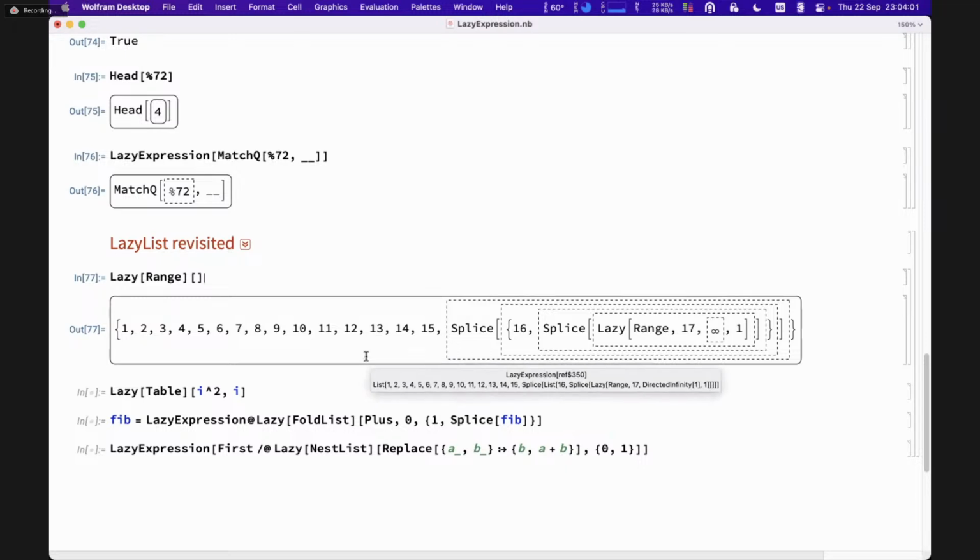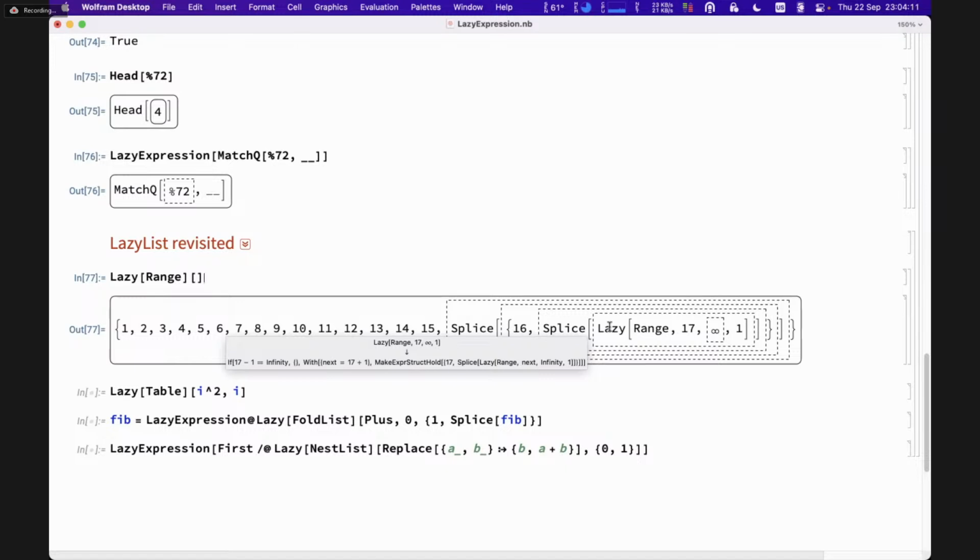If there's some explosion going on underneath that I can't control, obviously it's going to explode. You can see the definition of the lazy range. The laziness comes because it explicitly generates an expression there, so that's what stops it from going infinitely, even though it's recursive.